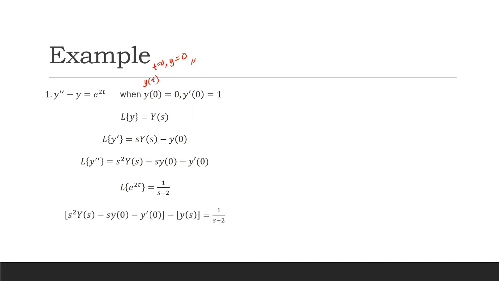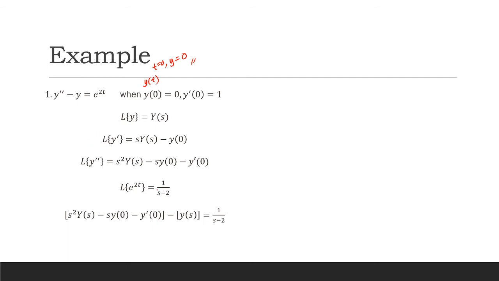Now, ipalit na natin, i-plug in na natin siya. We'll have y double prime, so that is s squared y of s minus s y of 0 minus y prime of 0. Ito yung y natin, Laplace ng y.